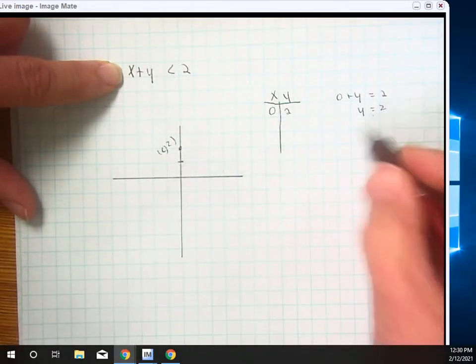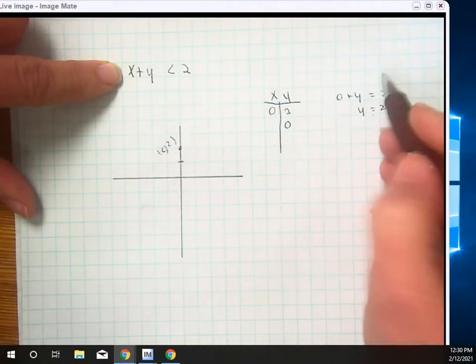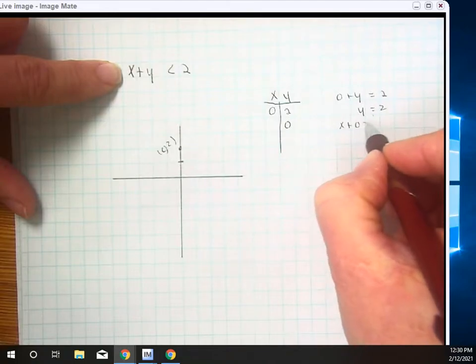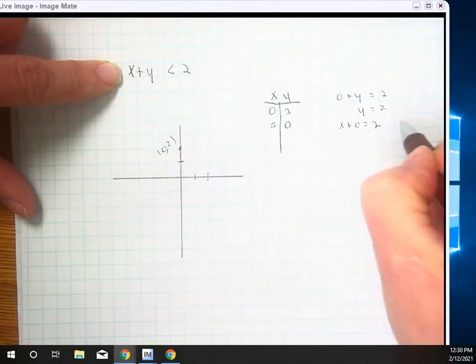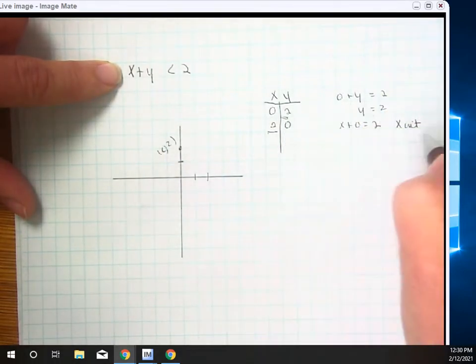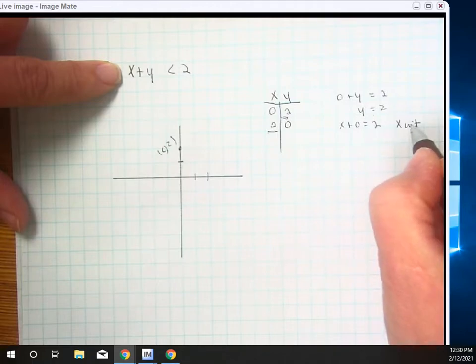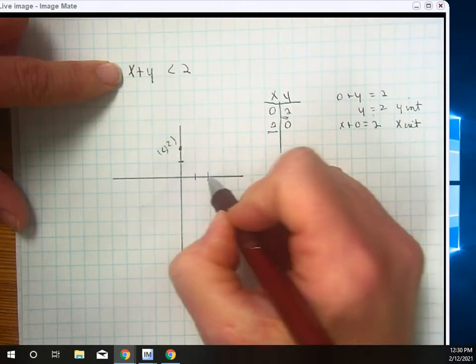Plug a 0 in for the y: x plus 0 equals 2, so x is 2, our x-intercept. The number that has the variable is going to be that intercept. So the x-intercept is (2, 0). The y-intercept is the point (0, 2).